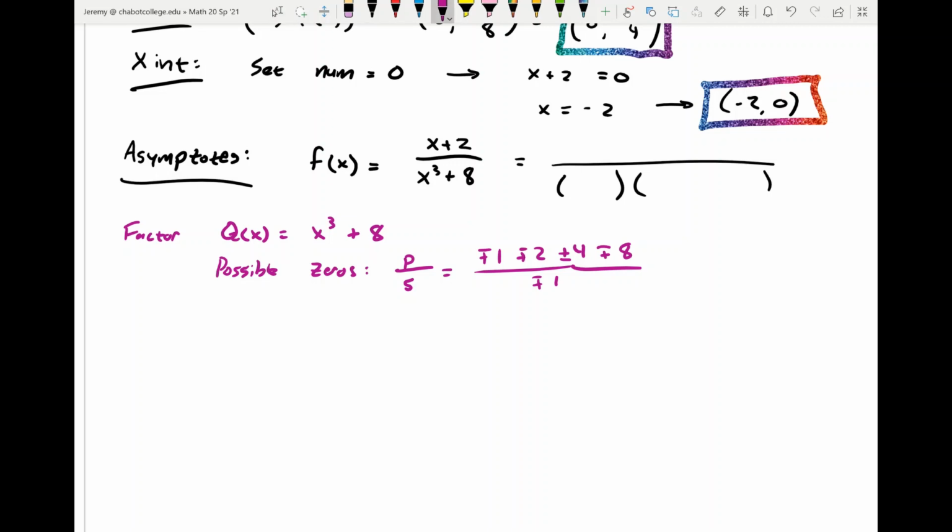So, I might guess some number, like maybe, let's say, is x plus 2 a factor?